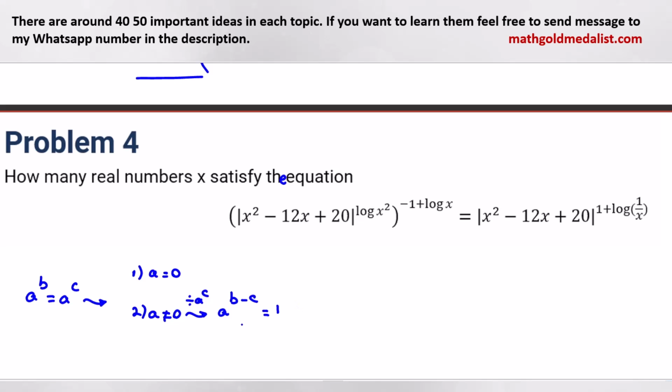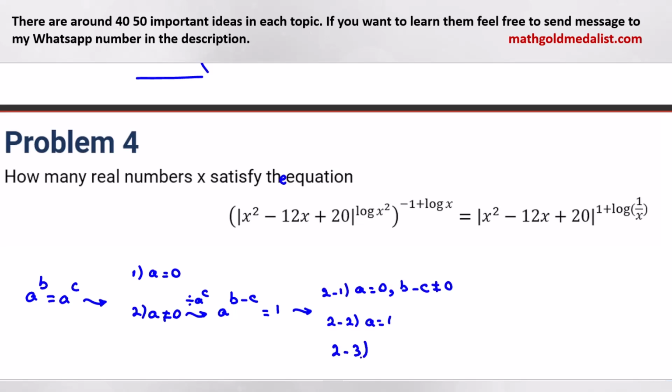Now for this part, we have three cases. Case 1: A is 0, but B minus C shouldn't be 0 because 0 to the 0 is undefined. Case 2: A is 1.